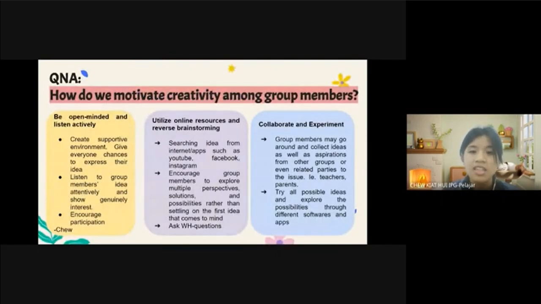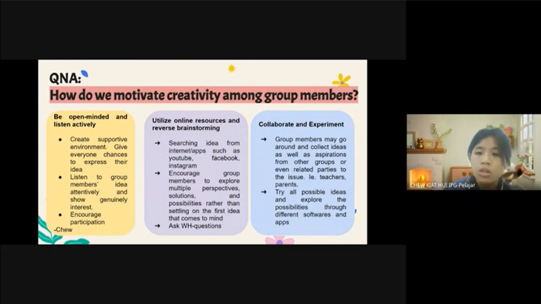So next, we proceed with our Q&A section. For this last 10 minutes, the question we got is how do we motivate creativity among our group members? From my opinion, I think we have to be open-minded and listen actively.